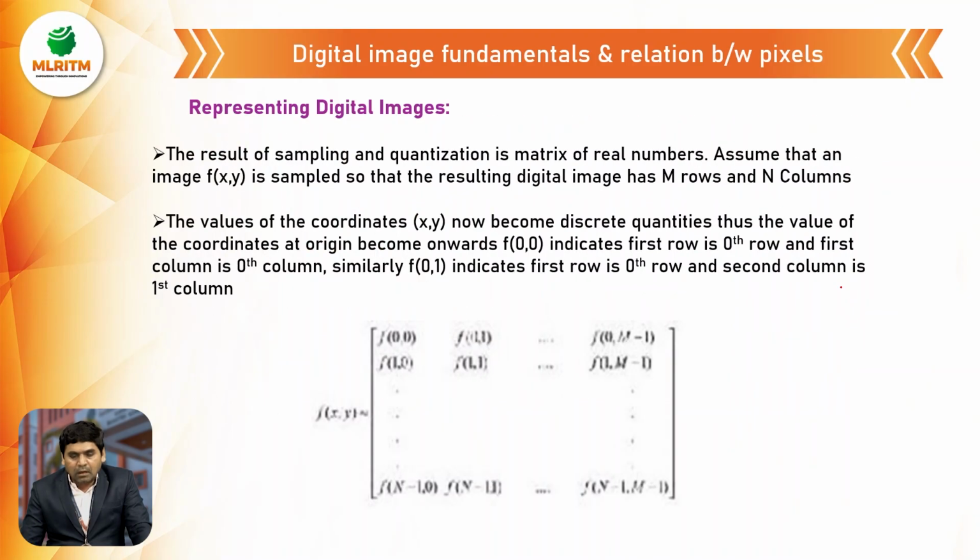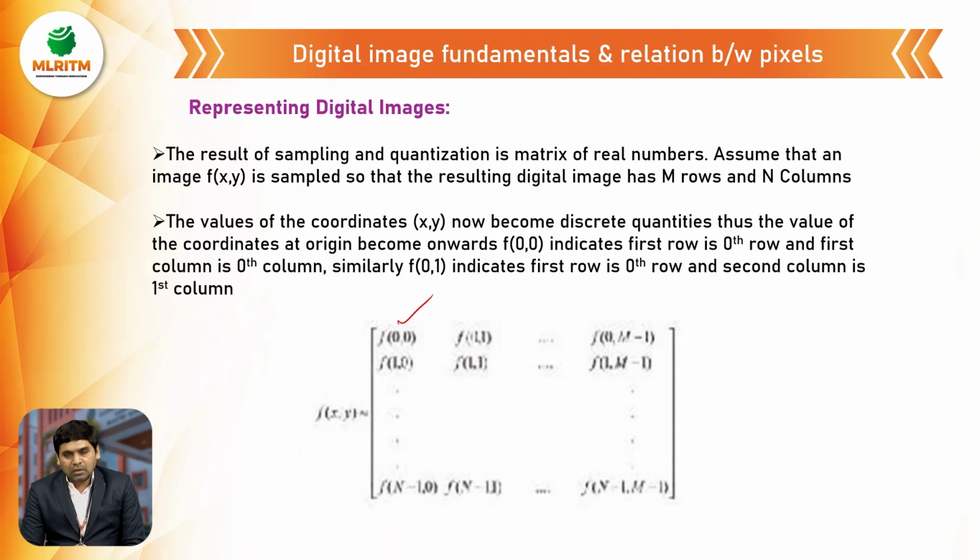Next, how is an image represented? An image consists of a number of pixels, and each pixel has a coordinate. For example, f of 0 comma 0, f of 0 comma 1, f of 0 comma 2, up to f of 0 comma m minus 1. These all are the first row.